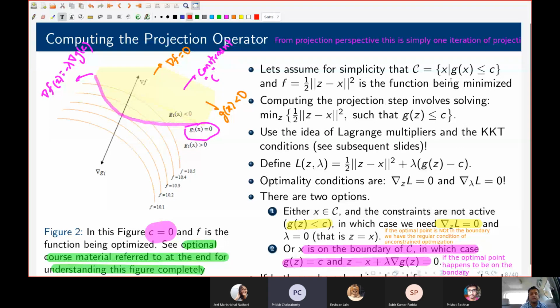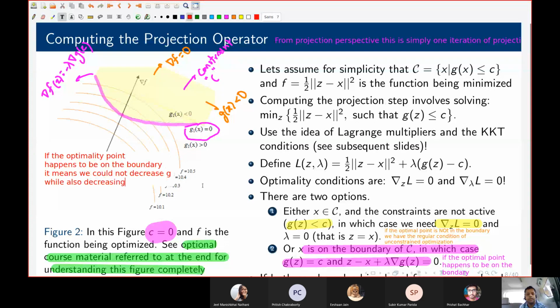Yeah. So let me write this point. If the optimal point happens to be on the boundary, it means we could not decrease g while also decreasing f.